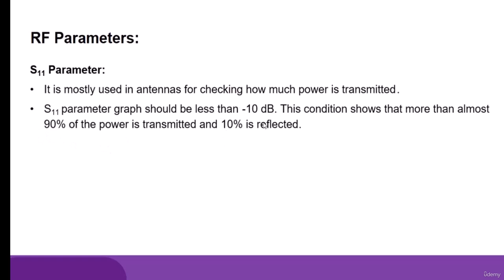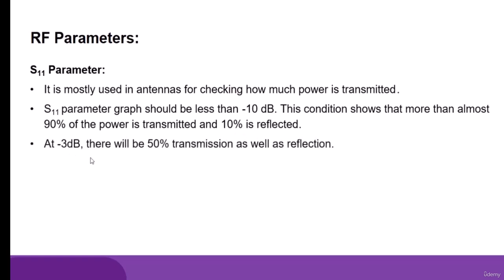However, if S11 is between -9 dB and -8 dB, then the transmission is reduced and the reflection is increased. At -3 dB, there will be 50% transmission as well as 50% reflection. So, if the S11 parameter graph is at -3 dB, then the reflection and transmission would be 50%, indicating that the antenna's reflection and transmission are equal.